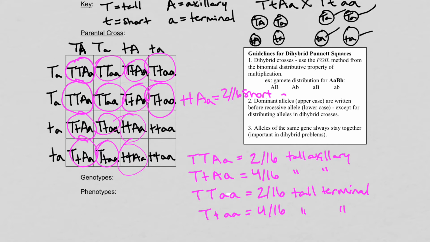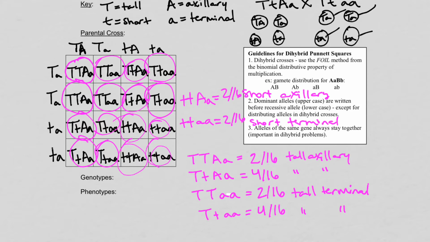Sorry, I'm now writing over here. And 2 for homozygous recessive at both. And those are going to be short, and the flowers are going to be terminal.